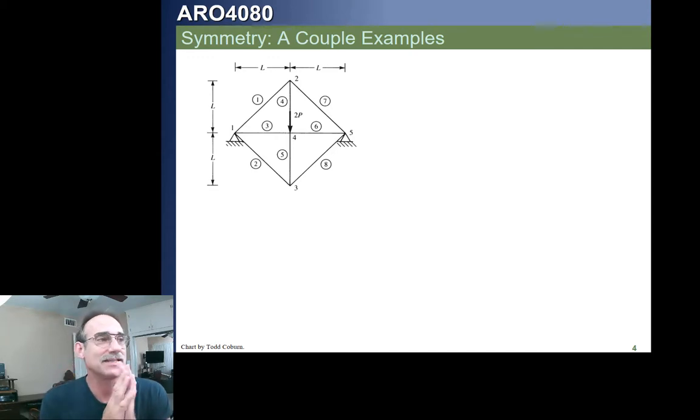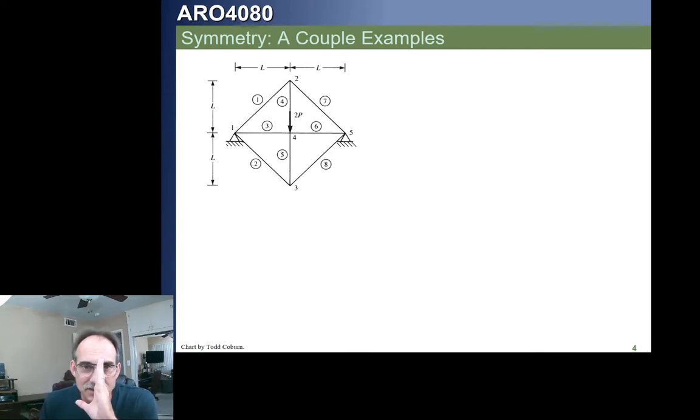But if we notice that this is symmetric, both in geometry and in properties and in materials and loading, then we see that we can actually simplify the problem, make it a little more solvable. We do that by identifying the plane of symmetry. The way we do that is imagine holding a mirror.